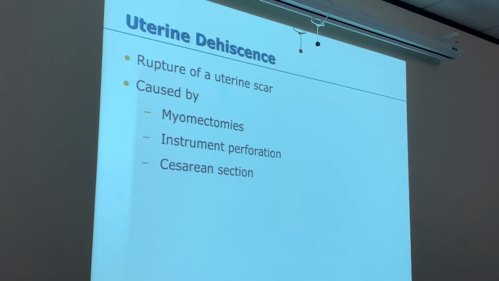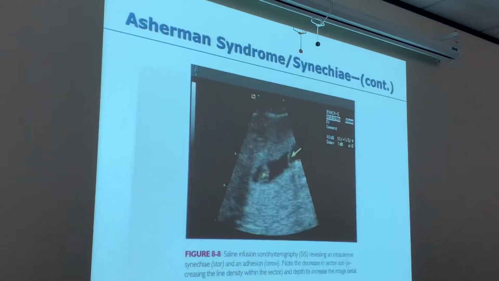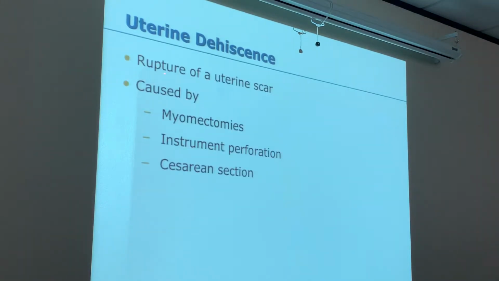So, I don't know how to pronounce that. Dehiscence? I have no idea, I'm just guessing. I never even heard of this word until today when I was reading it. It's basically a rupture of a synechia or an adhesion, or what happens is it becomes detached from the uterine wall.